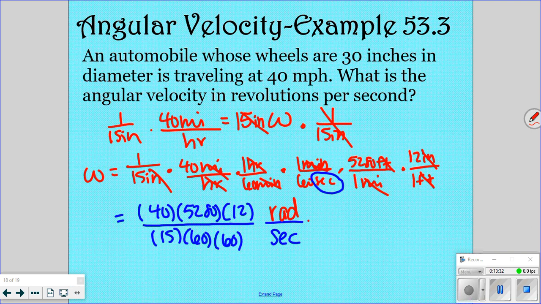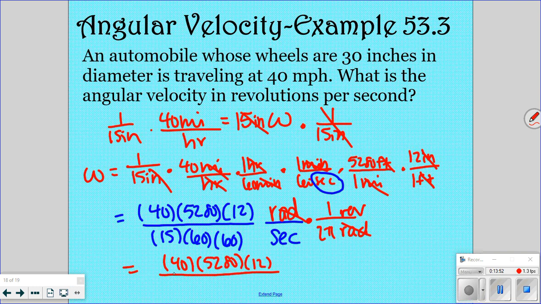And so now that we have radians there, we can transform radians into revolutions. So 1 revolution is 2 pi radians. And so that'll make it so that we have revolutions per second. And so our answer would be 40 times 5,280 times 12, and then over 15 times 60 times 60 times 2 pi, and then revolutions per second.